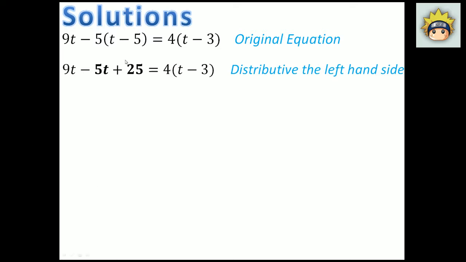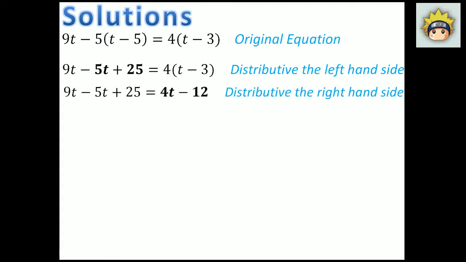Notice that I bolded the part that I distributed in to give you a better visualization. Now I'm going to distribute the right hand side. 4 times t is 4t. 4 times negative 3 is negative 12. Again, it's bolded because I'm showing you the distributive step. Normally your book shows this in one step, but I want to show it in two steps so you can see all the work that is being done.